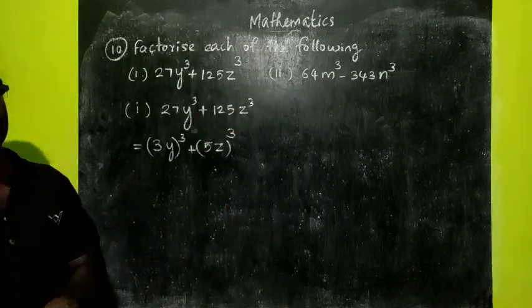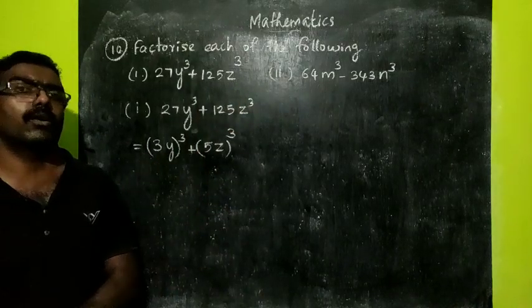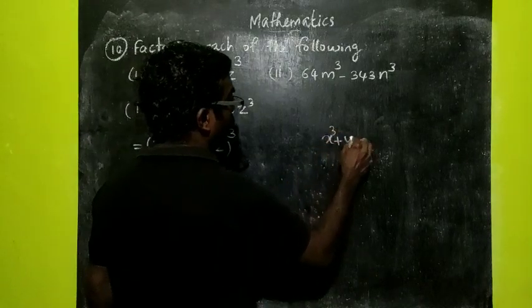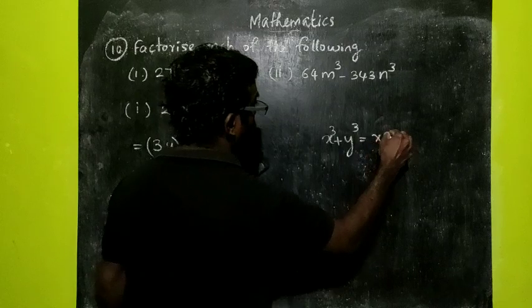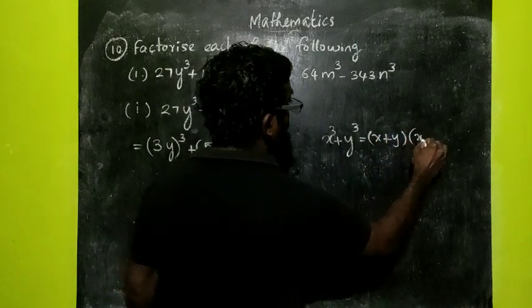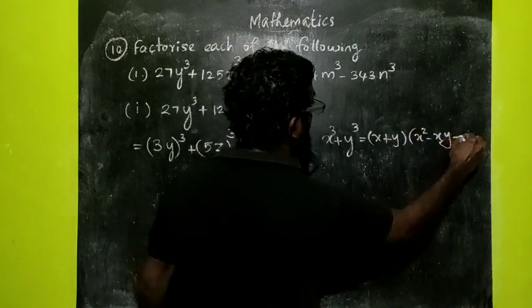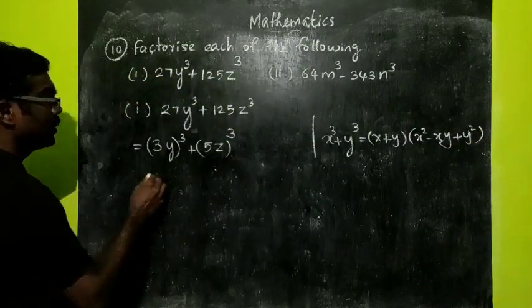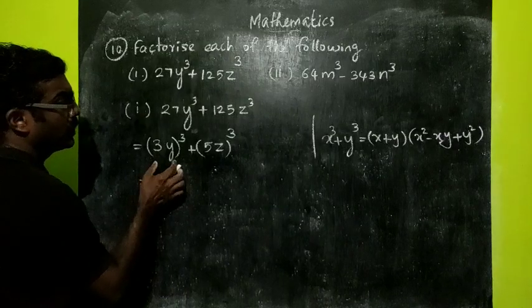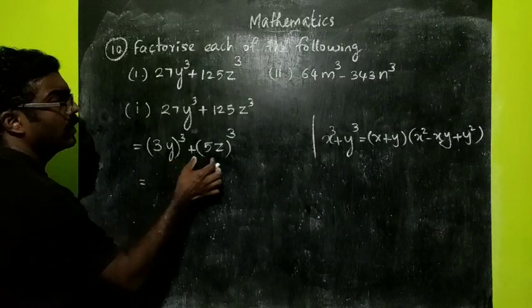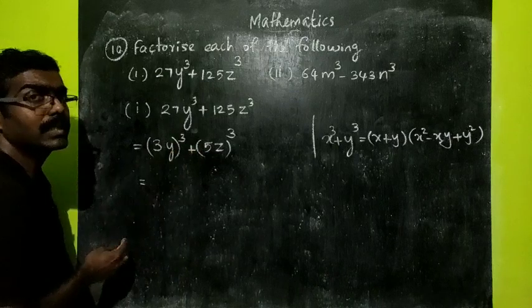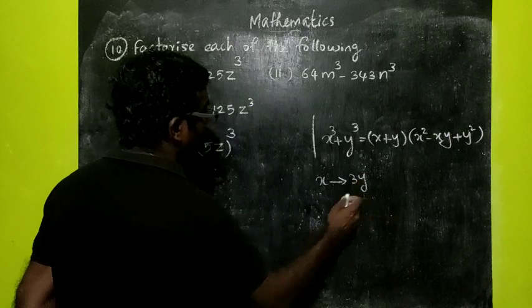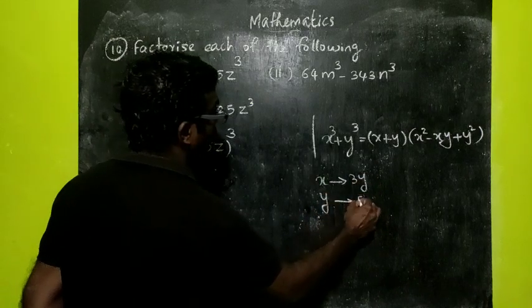Now it is of the form x cube plus y cube. What is x cube plus y cube? x cube plus y cube is equal to x plus y into x square minus xy plus y square. So we can apply this result. In the place of x the value is 3y, and in the place of y it is 5z.